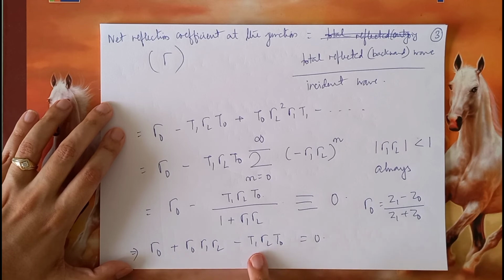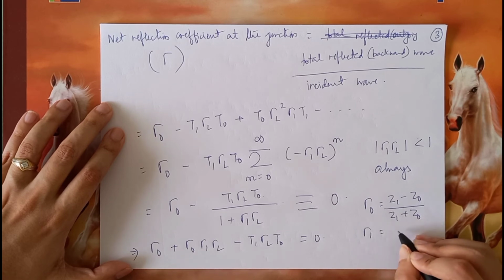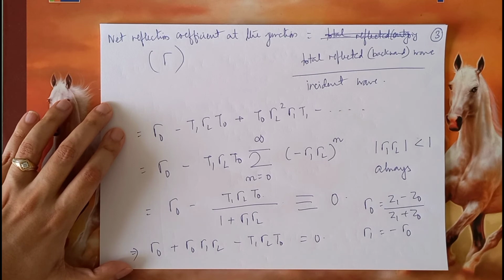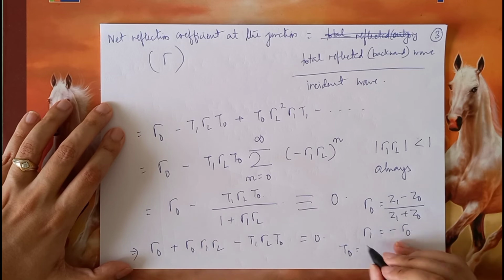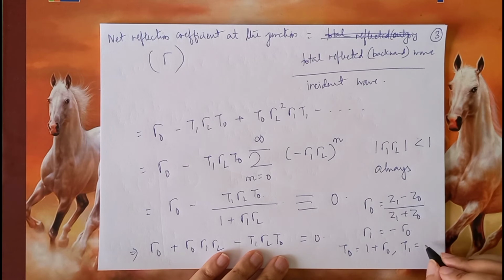It is just an extension of T0, which is 1 plus gamma 0. So gamma 1 is the opposite or negative of gamma 0. T0 is 1 plus gamma 0 and T1 will be 1 plus gamma 1. So that is 1 minus gamma 0.